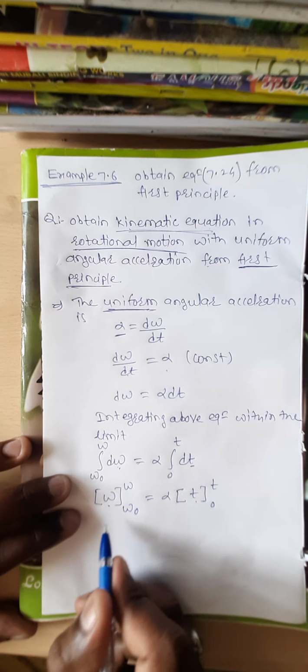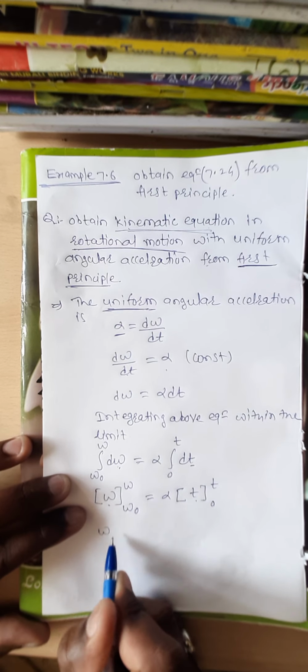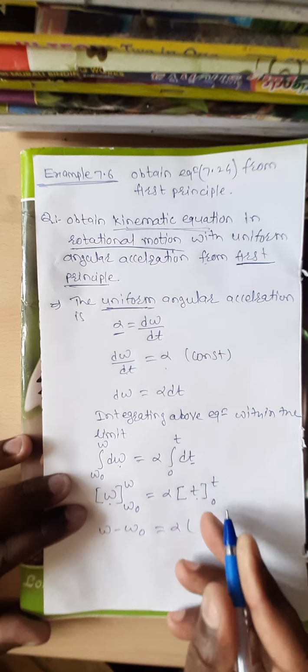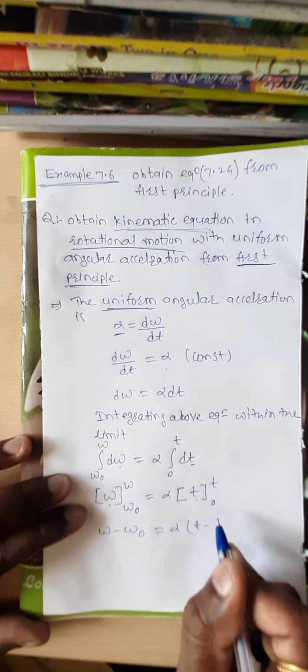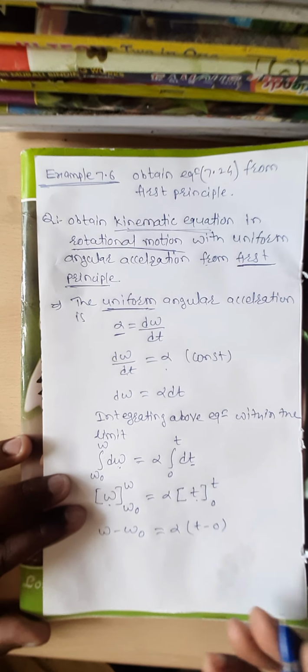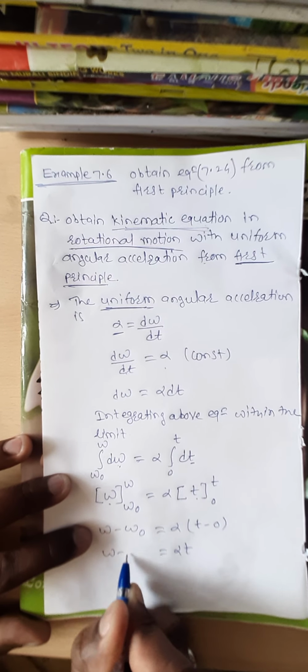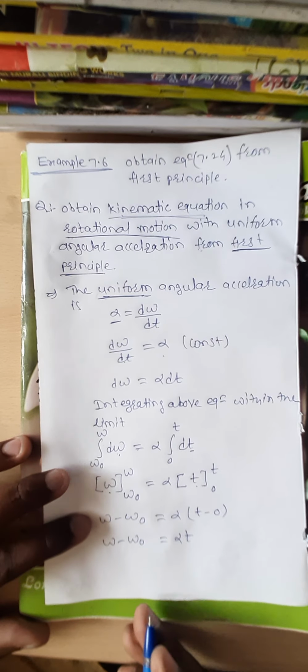First put the upper limit, then minus the lower limit: omega minus omega naught is equal to alpha times (t minus 0), which is t. So omega minus omega naught is equal to alpha t.